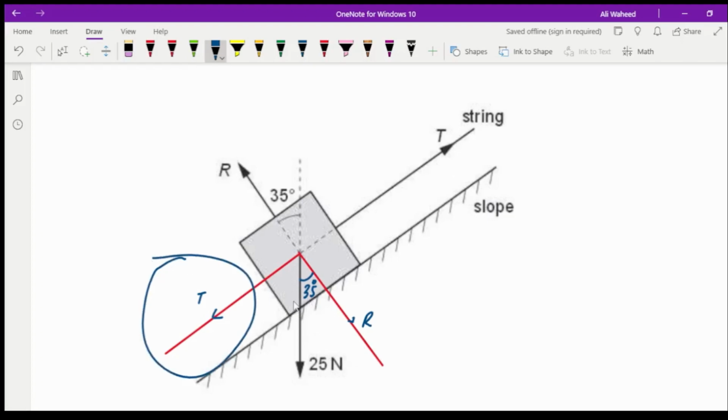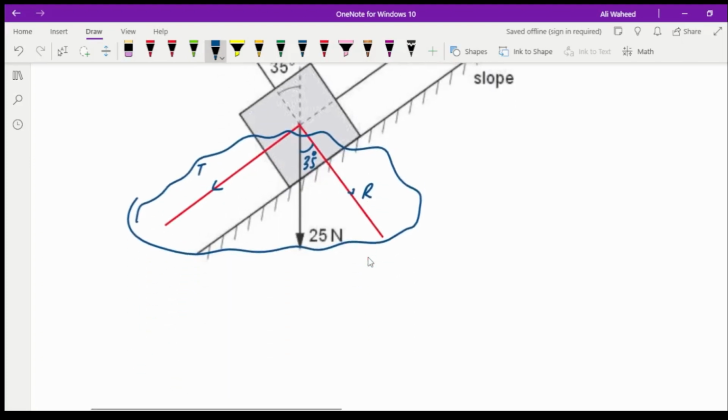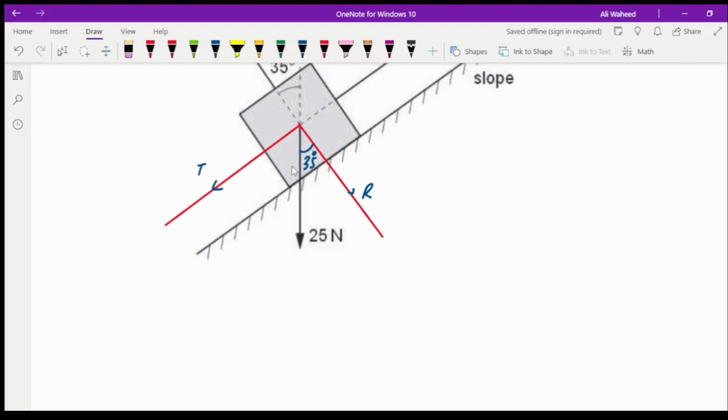So you see, if you consider this portion over here, just take a look at the portion that I have enclosed. So this is your vector 25, and this thing can be one of the components of this vector. Mathematically, how much? It would be 25 times cos 35 because it is touching the angle directly.